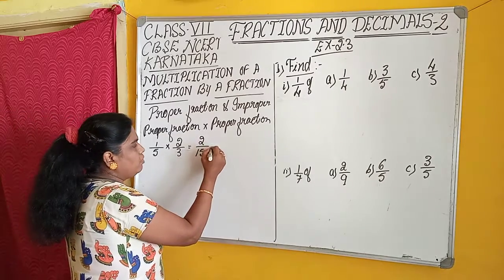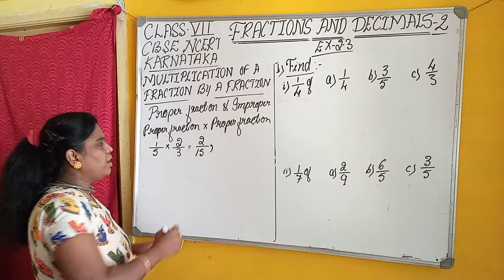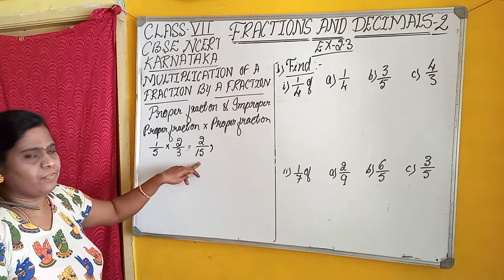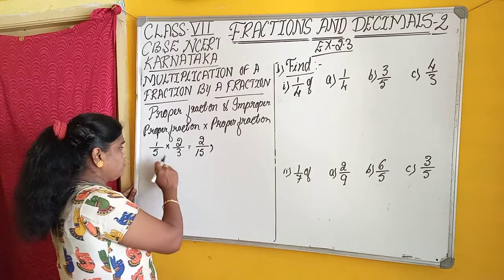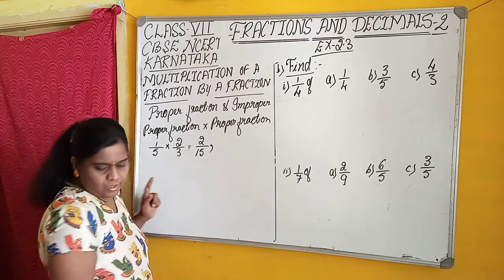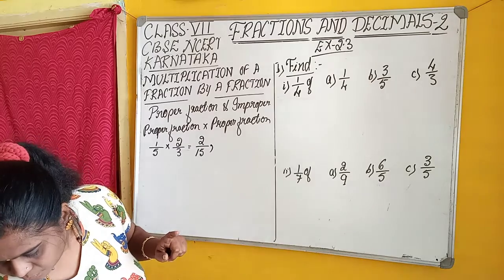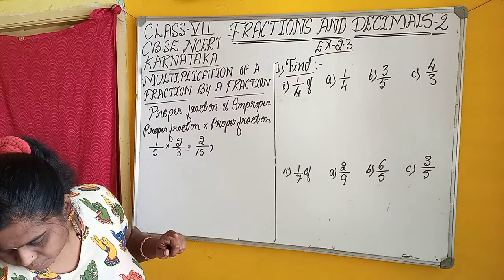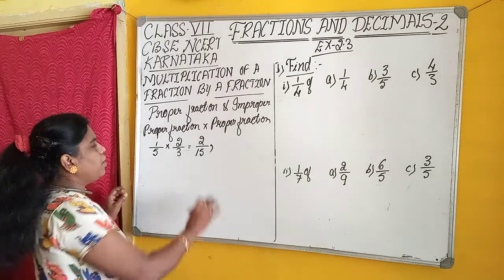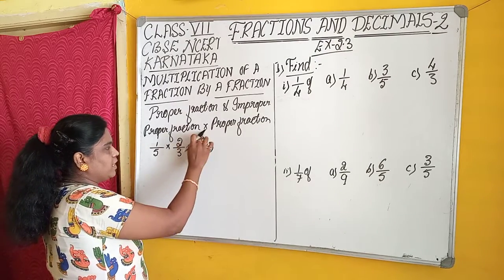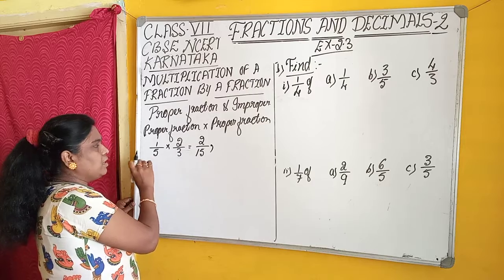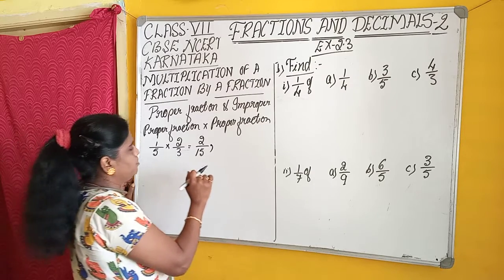Always the product of proper fractions is less than each of the fractions.